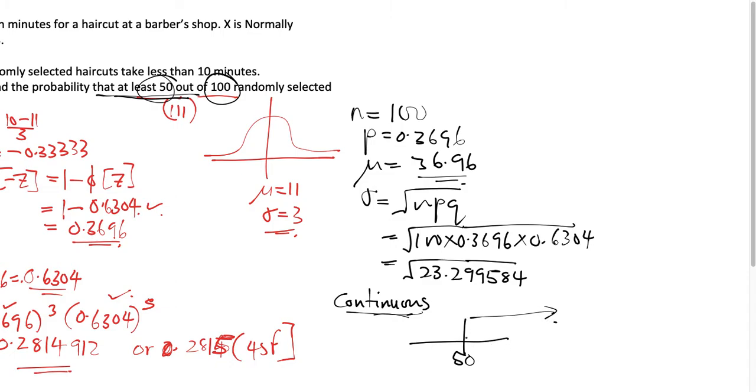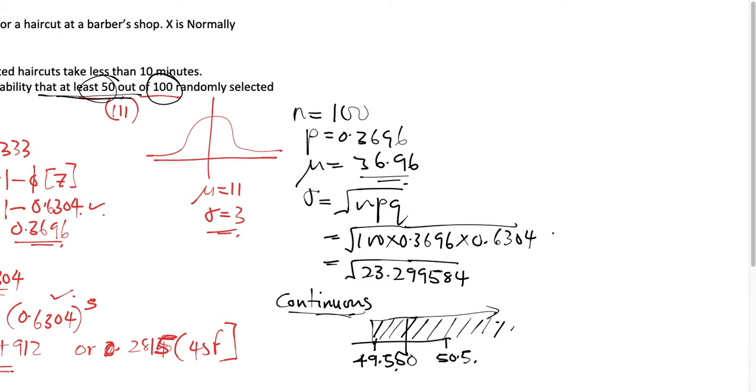Since this is continuous, we have to find the lower bound. The lower bound is 49.5 and the upper bound is 50.5. Since it's at least 50, we start with the lowest and keep going. So that's the region I have to look for.